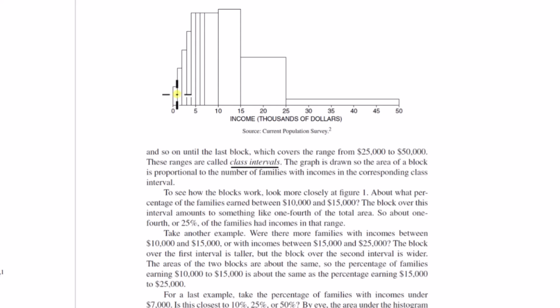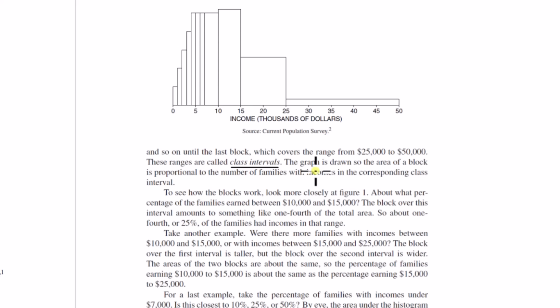The range of this block is 1,000 to 2,000. The graph is drawn so the area of a block is proportional to the number of families with incomes in the corresponding class interval. So that's important.